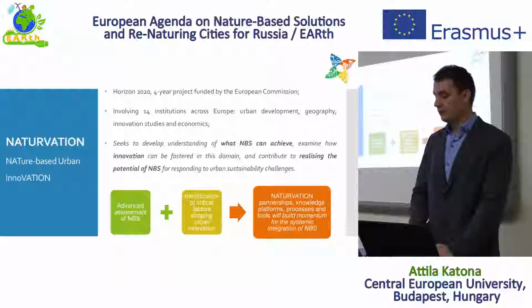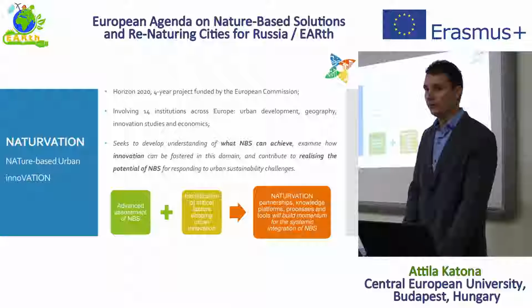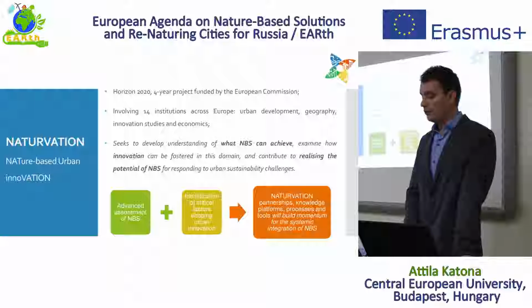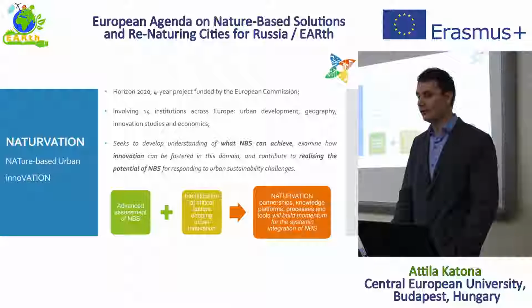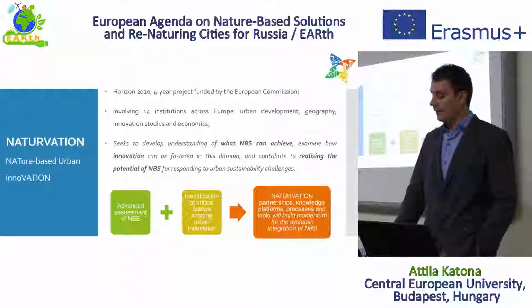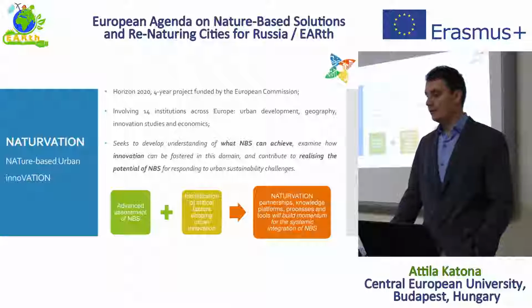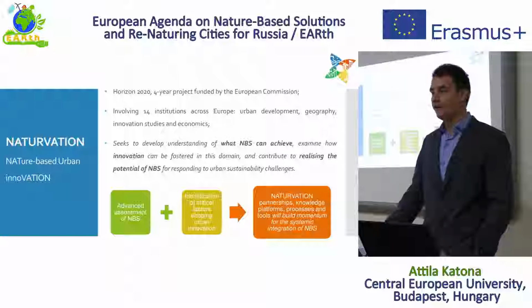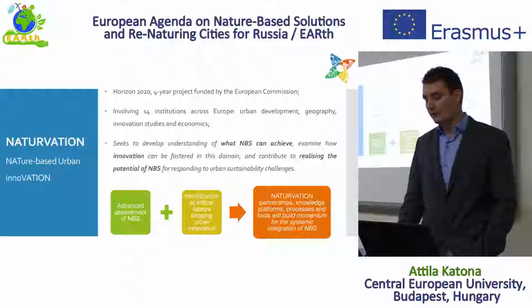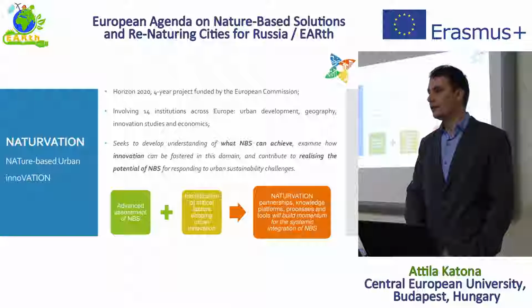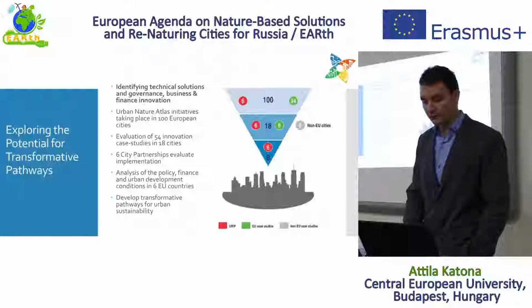We have a project called Natureovation that I mentioned. It's a 4-year, €7 million project. We have 17 partners and 6 partner cities in Europe. And the idea here is to explore all sorts of funding, policy and governance modes that make nature-based solutions happen and understand why they are successful.